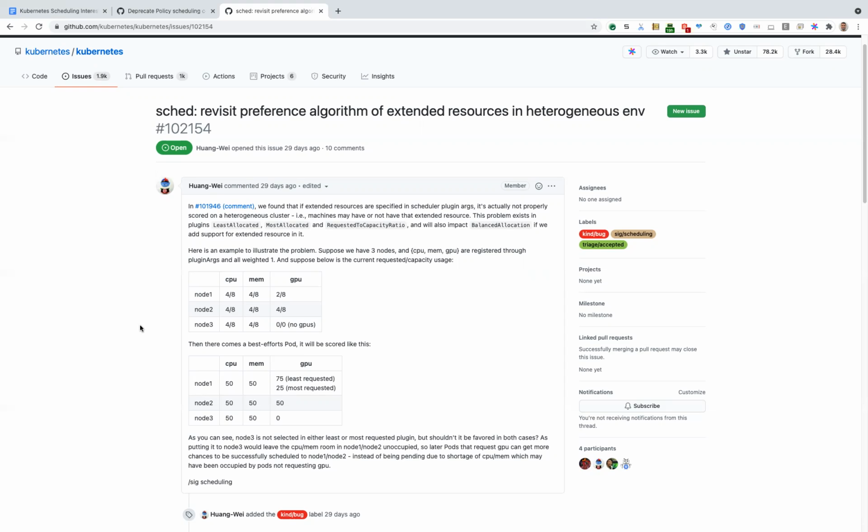Which, if your pod doesn't require GPUs, doesn't make sense. So we were discussing here in this issue, what should we do about this case?